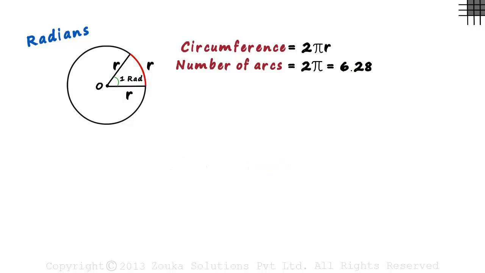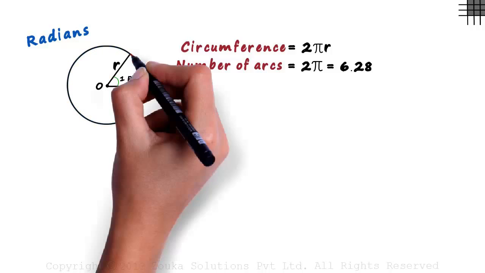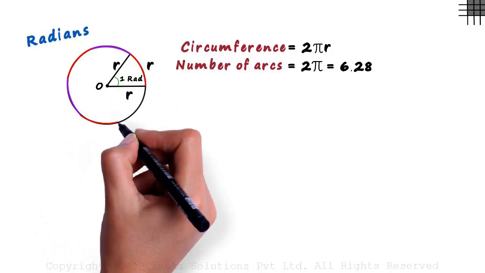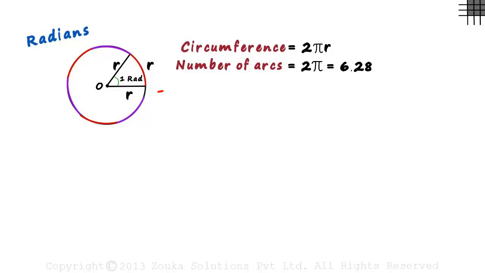6.28 arcs sounds weird, but let's see how it's 6.28. We have already drawn one arc, so let's try drawing more such arcs of the same length on the circumference. This is the second one, then a third, a fourth, a fifth and a sixth, and some place left here for 0.28 arc.